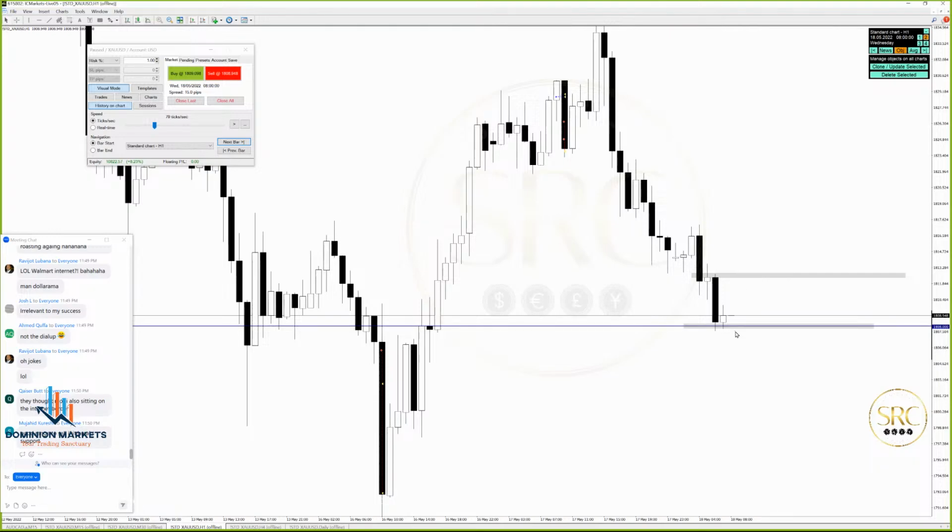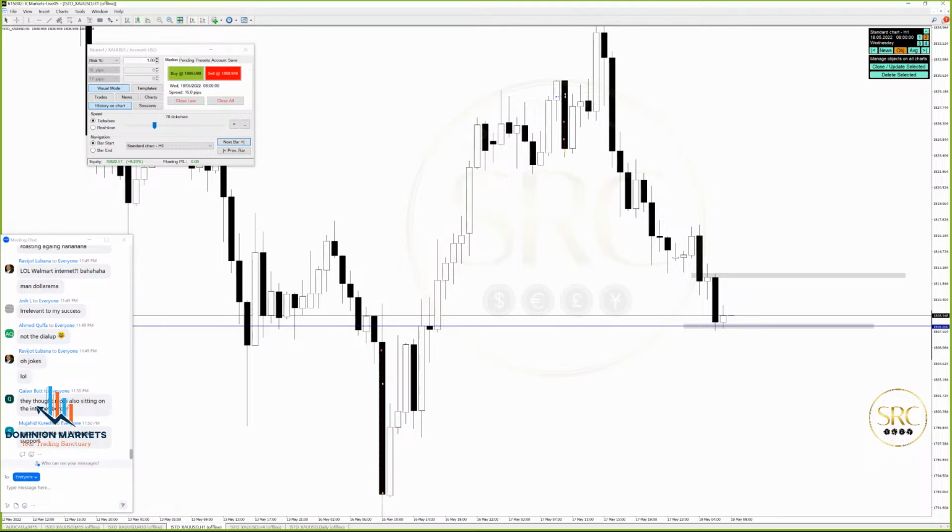If you break below this area, we still have a pretty decent range for price to continue to push down, in this 82 pip range. So we'll have to see whether we can look for some sort of opportunity over here, or can price really start to push down, or are we going to start to push up? That's something that we need to take a look at.